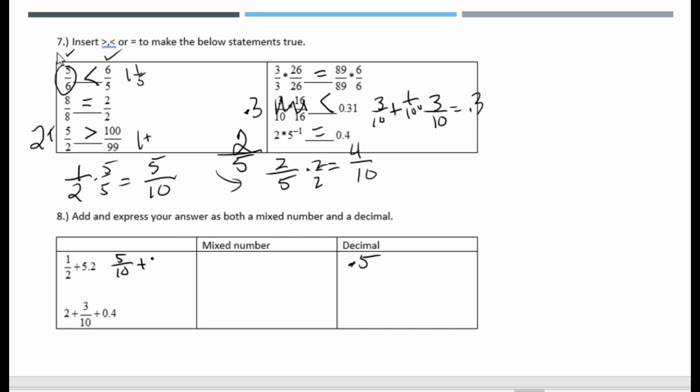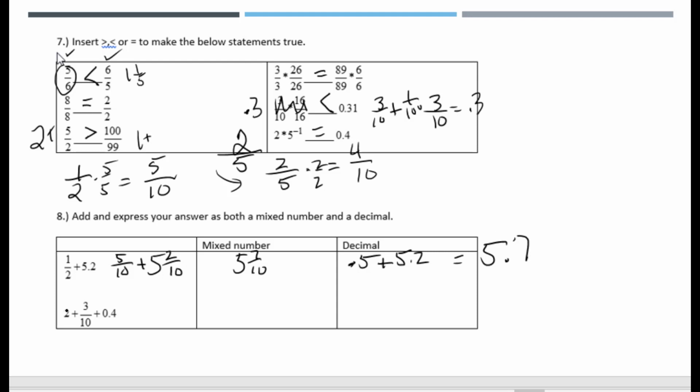And 5.2 is 5 2/10, or 5.2. So here I'm going to get 5 7/10 as a mixed number, and as a decimal 5.7.